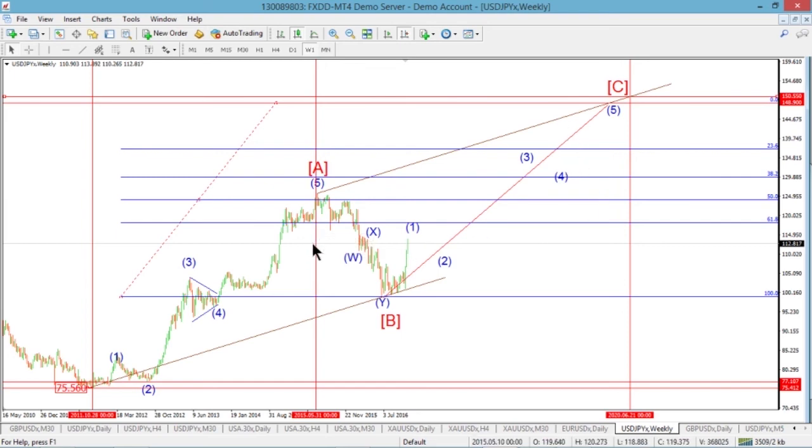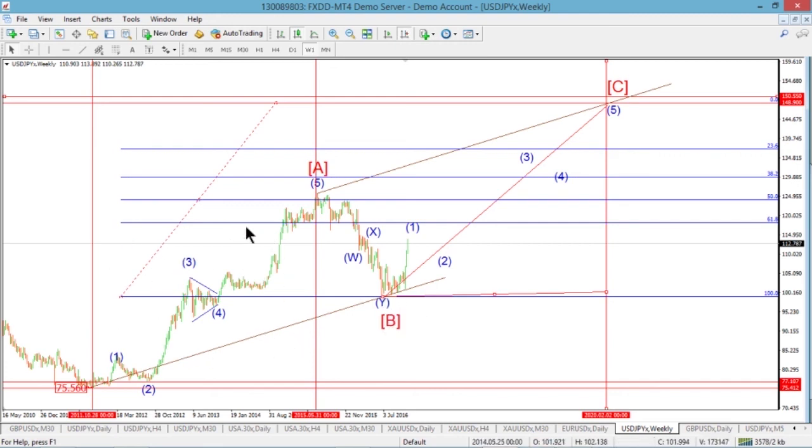In terms of the time that it would probably take for this wave to unfold, let's see what the wave principle might say to us about that. We can take a trend line and just stretch it between the low of wave A and the high of wave A. The wave principle would say that wave C would travel the same distance in points, but it may well also suggest that wave C will take the same amount of time to unfold.